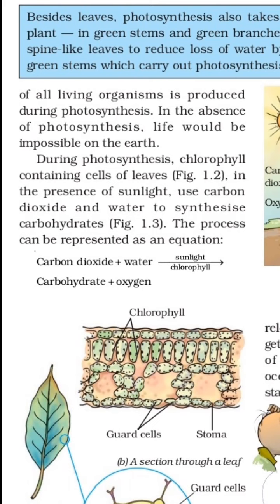Humans and animals take oxygen in and release carbon dioxide into the atmosphere. During photosynthesis, plants use carbon dioxide, which is not useful for human beings, and release oxygen, which is useful for human beings and animals. For that purpose also, the photosynthesis process is most important.